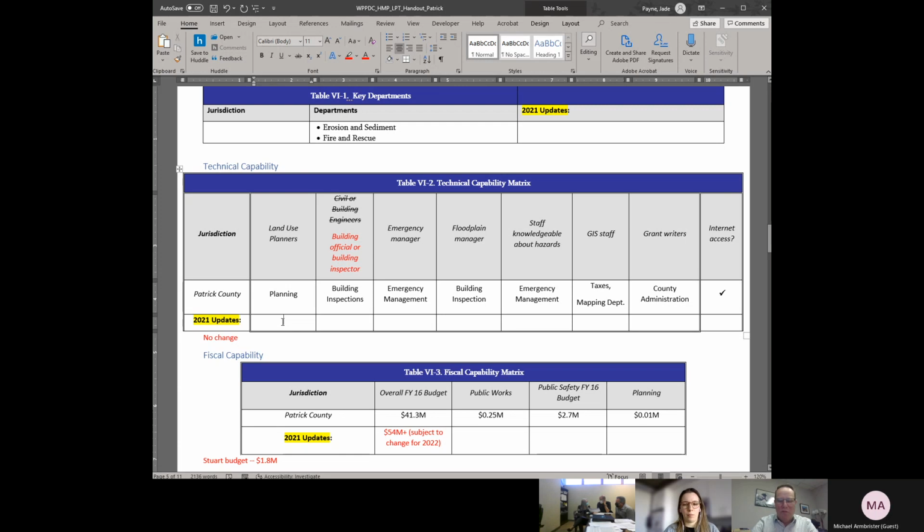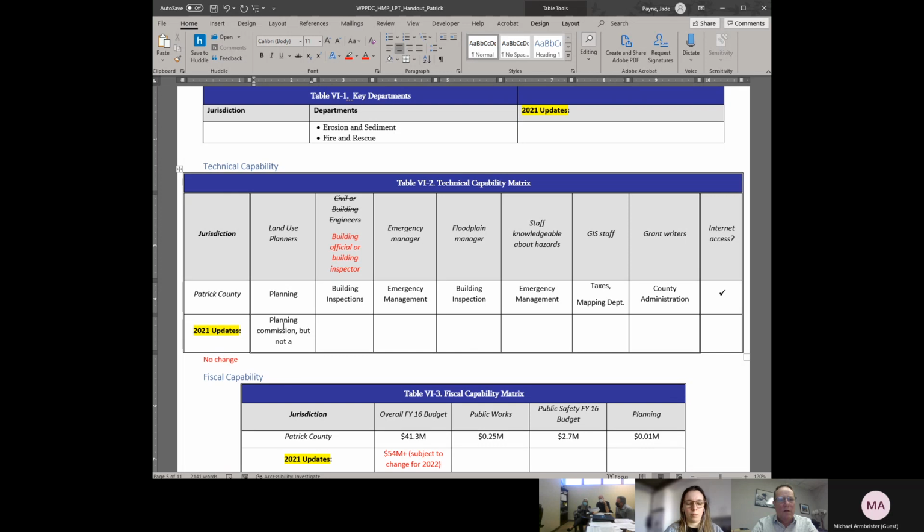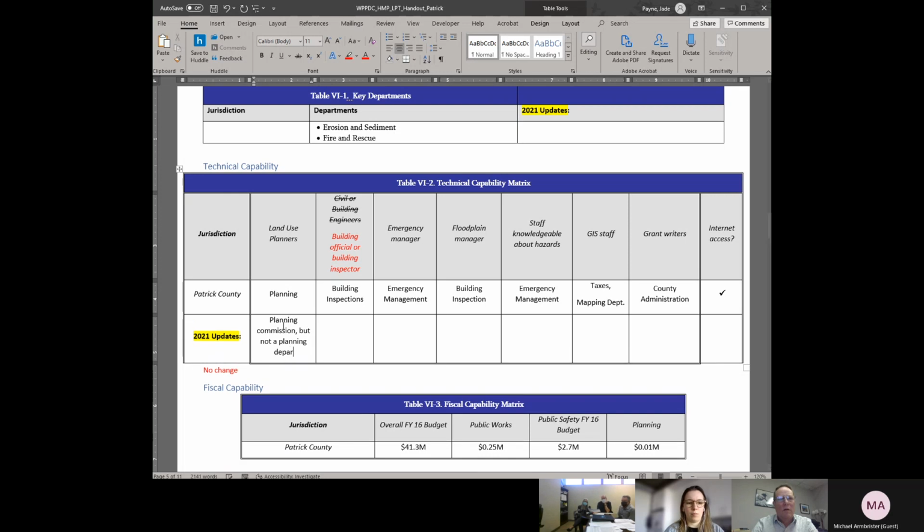Do you have planners? We have a planning commission, commissioners, but we don't actually have a separate planning department. Got it. Okay, so we should probably just change that to planning commission. Yeah. Okay. Good catch.